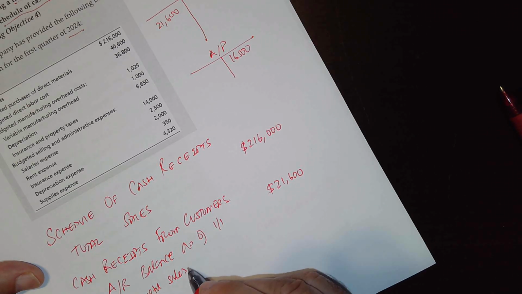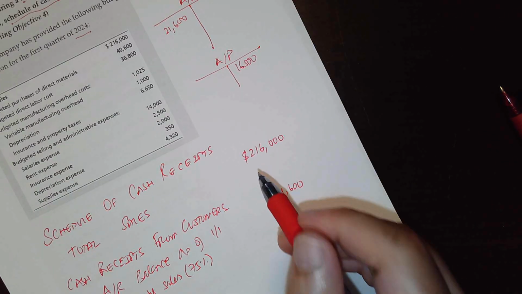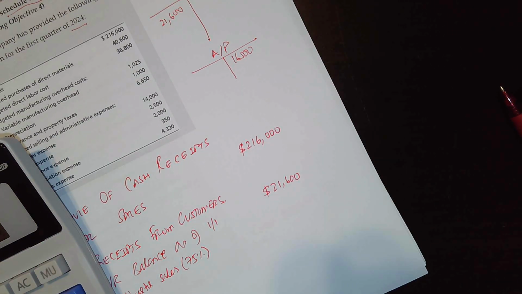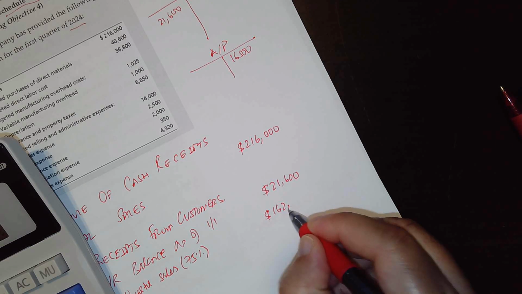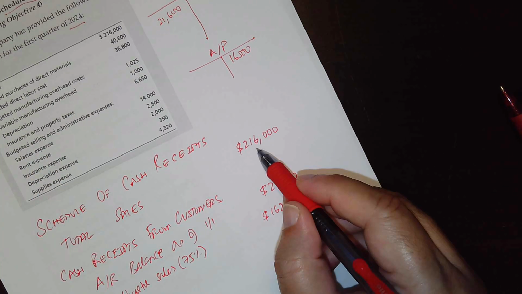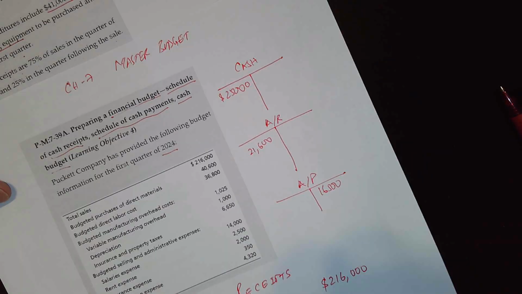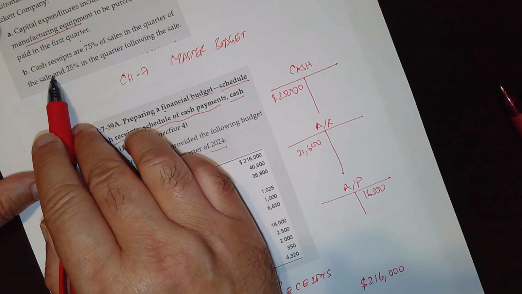And then first quarter sales: you would receive 75% in this quarter. So 75% of 216,000 is $162,000. We are taking 75% because we discussed earlier that we would receive 75% of the sales in the quarter of the sale and 25% in the next quarter.